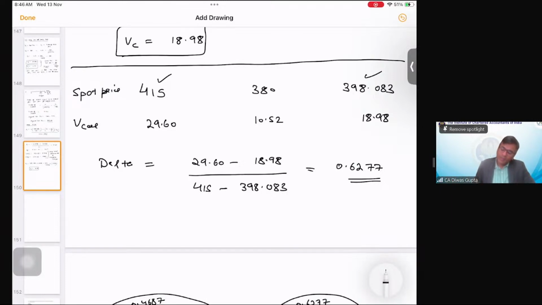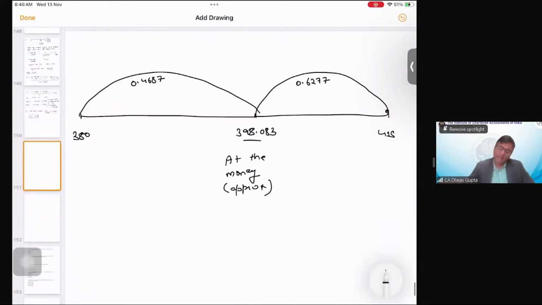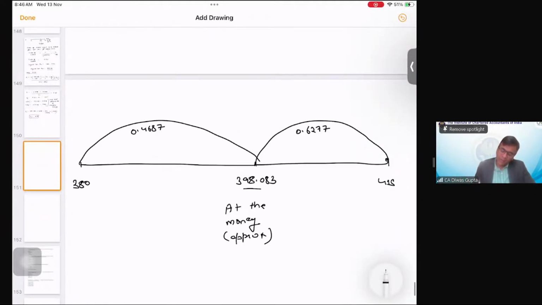So 0.6277 denotes, for every single rupee change in the spot price, how much your premium is changing. So for 1 rupee change, the premium will change by 0.6277. That's the delta. From 398 to 415, that is 0.6277.